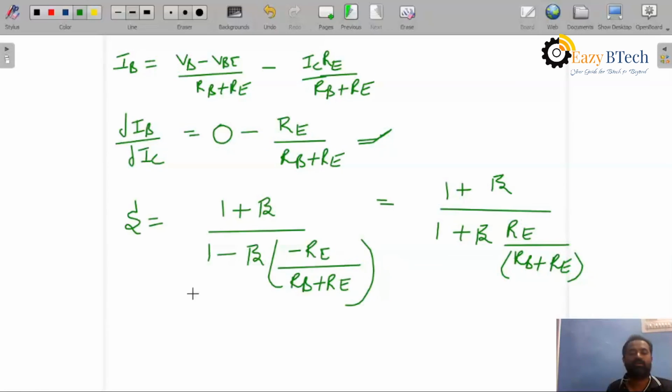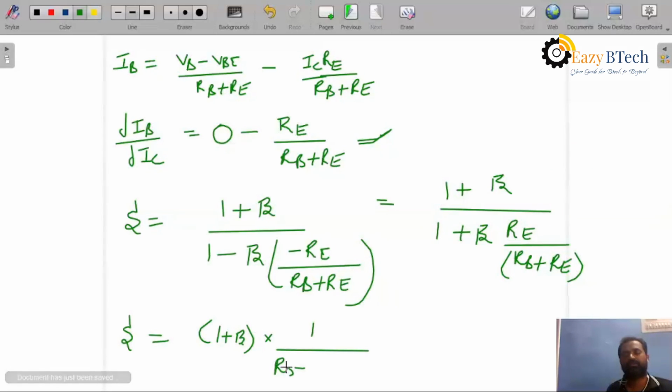Bringing 1 plus beta common, the numerator becomes RB plus RE plus beta RE, divided by RB plus RE.